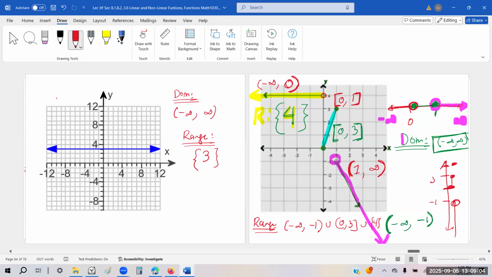Starting from negative infinity, it goes to negative 1. It jumps, goes to 0. I should indicate that. Now from negative 1, it jumped up, goes to 0, and then from 0 to 3, it ran. And then from 3, it jumped up and then got stuck. Nowhere to go. So did you cover the entire y-axis?